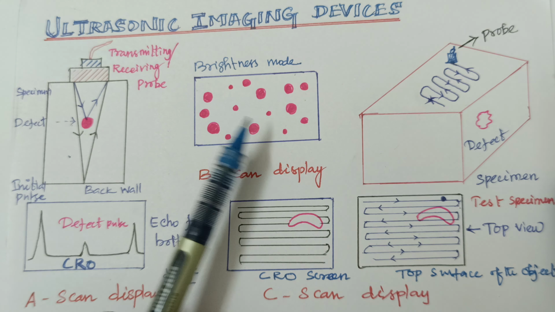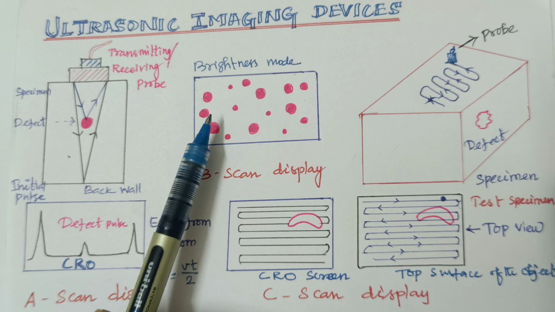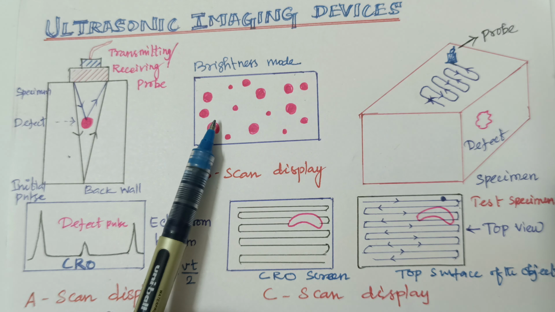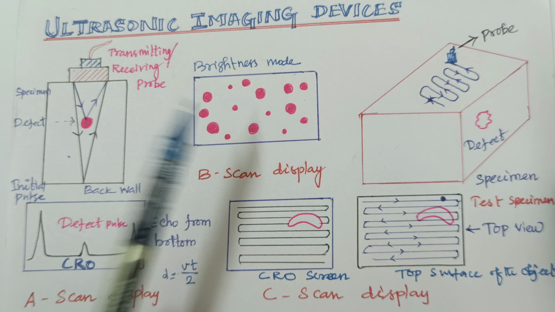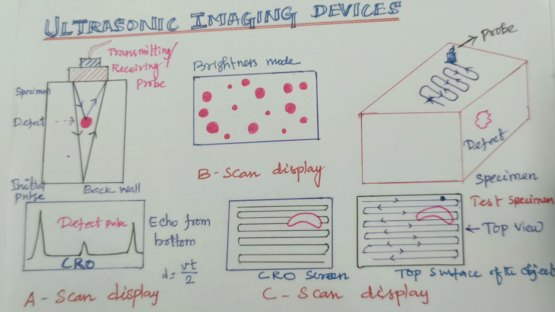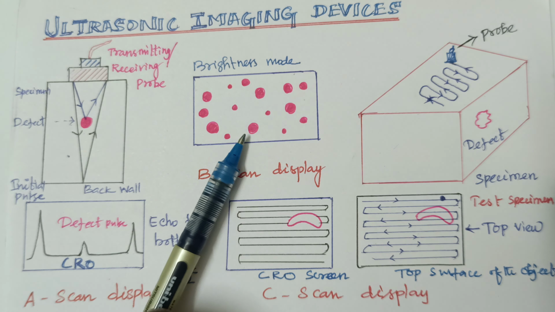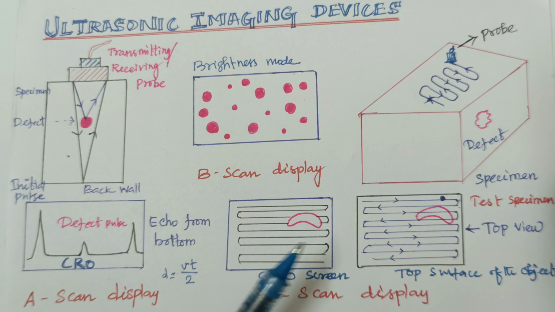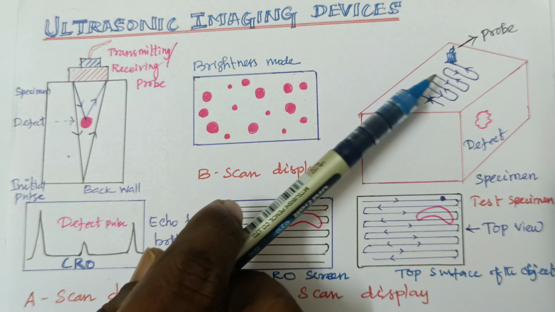Then the second one is the brightness scan. Here you get two-dimensional images. You move the probe in two dimensions, and you get the intensity of the dots which identify the defect. Then the third one is the C-scan method. Here we are using an XY platter.